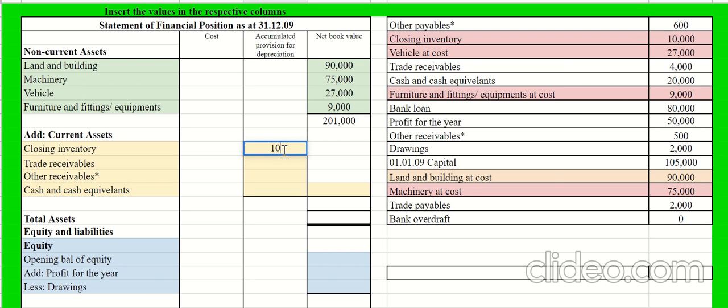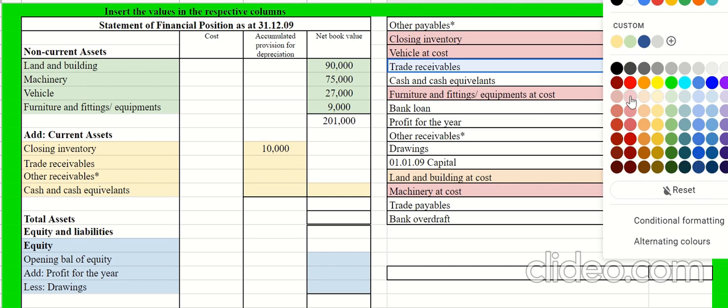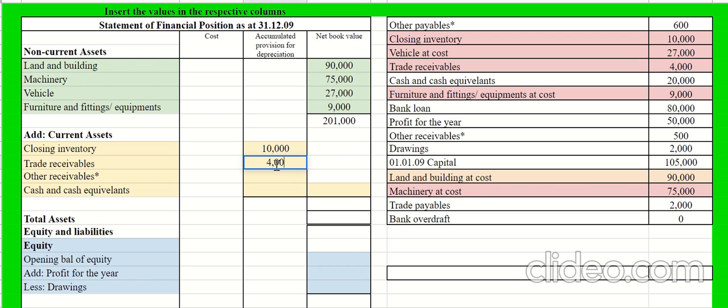Closing inventory is 10,000. Trade receivables, 4,000. Other receivables, 500. Cash and cash equivalents, 20,000.